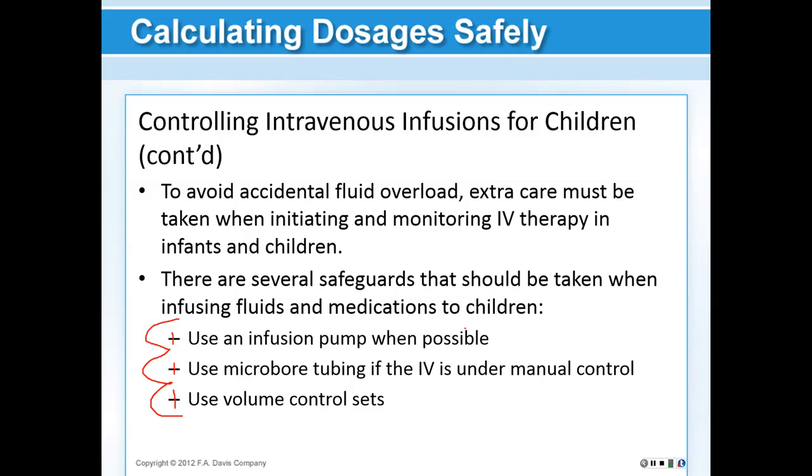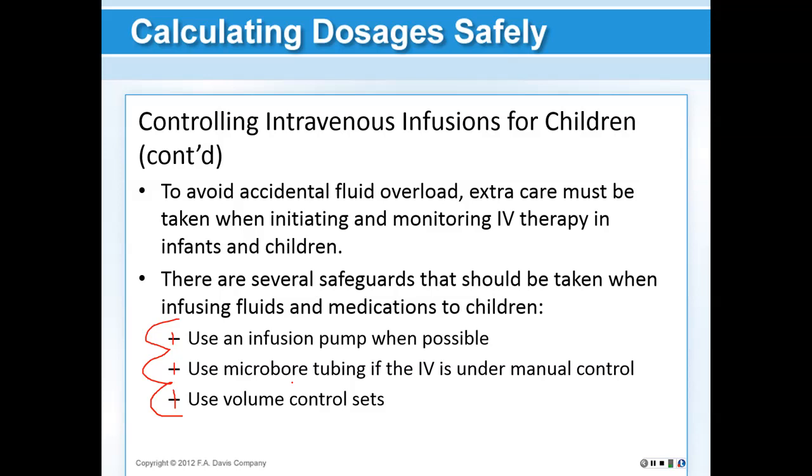So an infusion pump would be used. This would mean a special IV pump for a pediatric patient. We would not just be using gravity tubing and hoping that we have our drip rate selected correctly. Microbore tubing is a tubing that drips a smaller amount of fluid, and the amount of pressure on the bag doesn't necessarily affect how fast the drip goes.